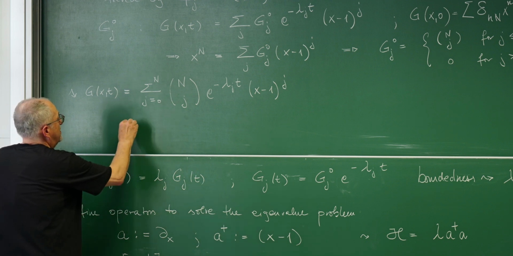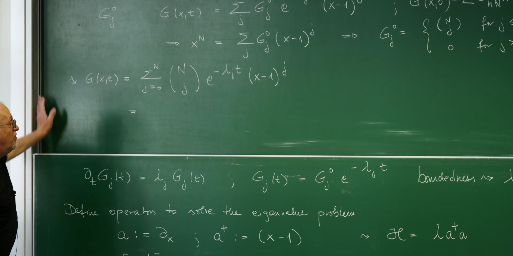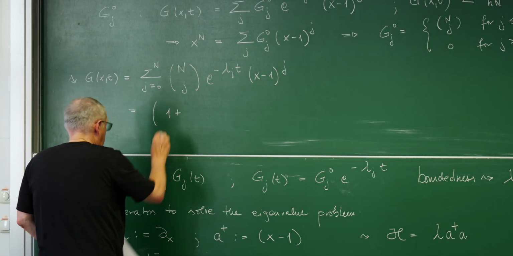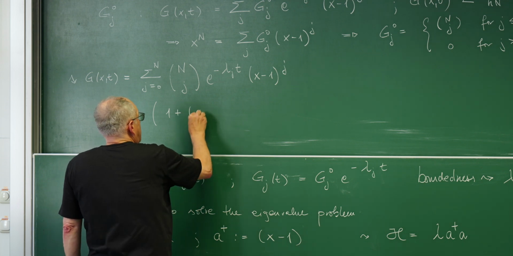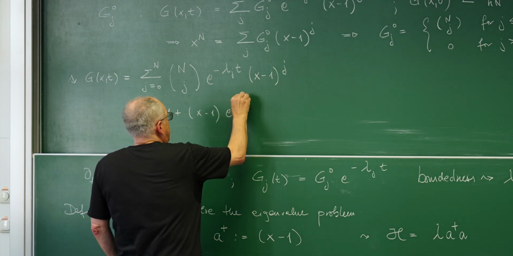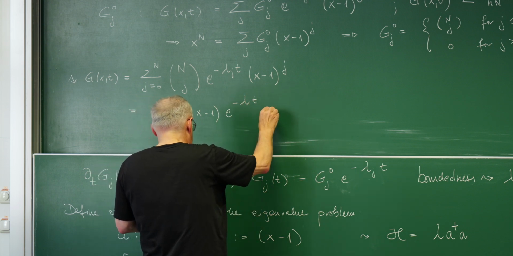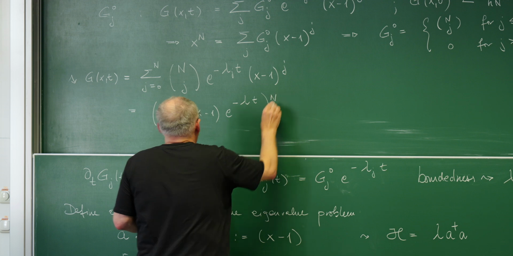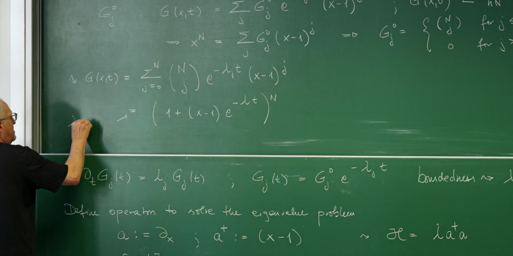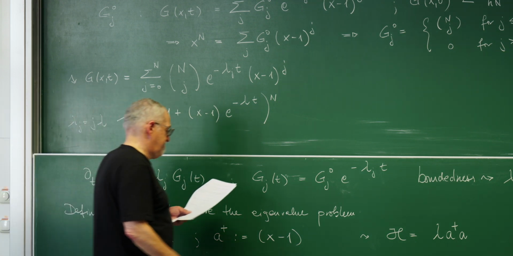Right, and here you can again use that we know how binomial formulas work. So this is the same as (1 plus (x minus 1) e to the minus lambda t) to the power N. So remember here that lambda_j is j times lambda.